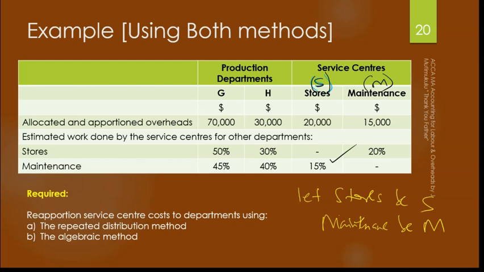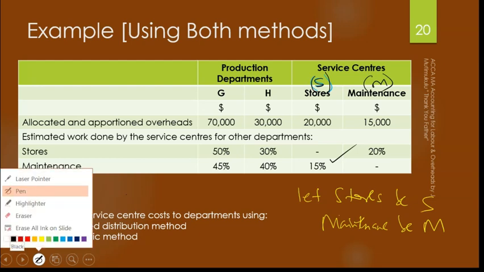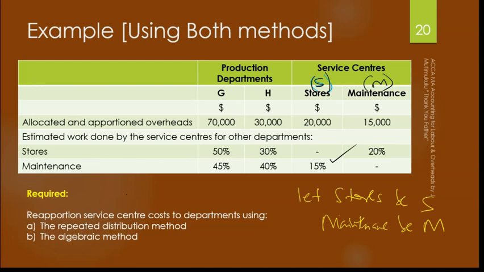In other words, the cost of S, the stores department, should equal the 20,000, as you can see in the table there, plus 15% of the services from the maintenance department. 15% is the same as 0.15 of M, the maintenance department's services, and those services are part of the cost to the stores department.